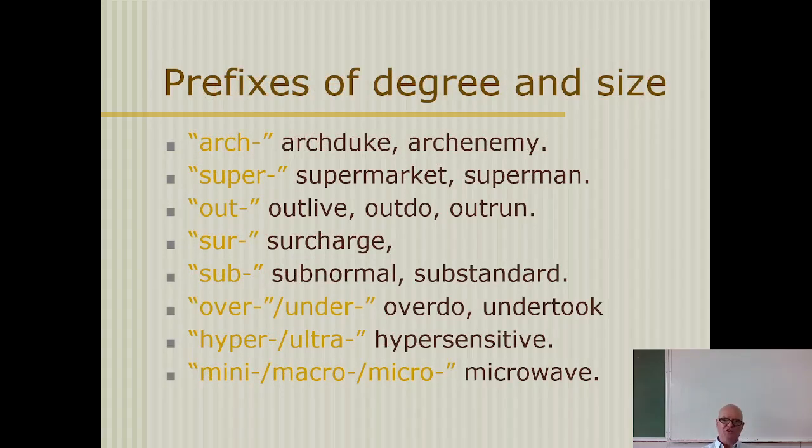Prefixes of degree and size. So here we have arch: archduke, arch enemy. Arch enemy is like your nemesis, a person that you absolutely don't like, and yeah, it's an arch enemy, right?